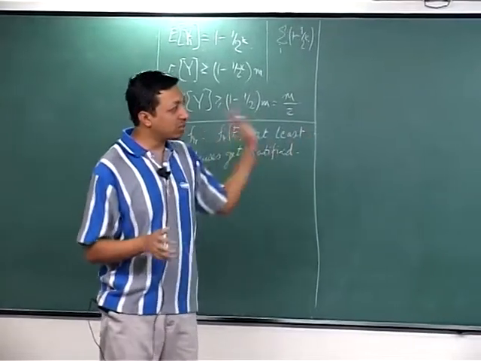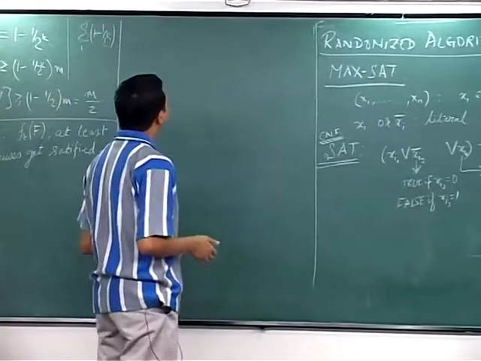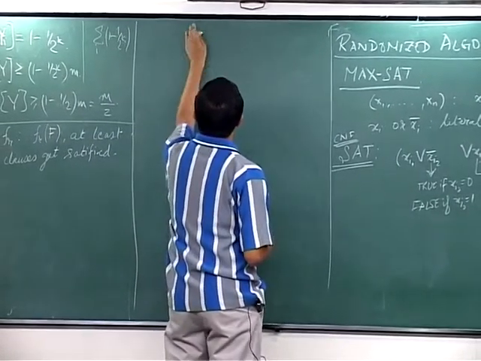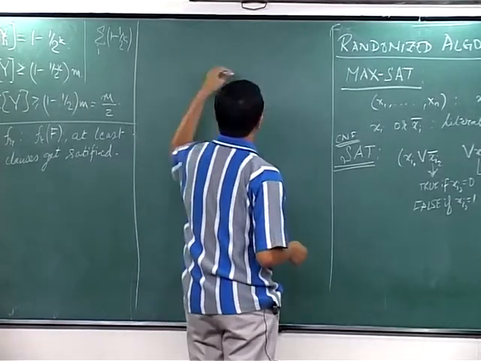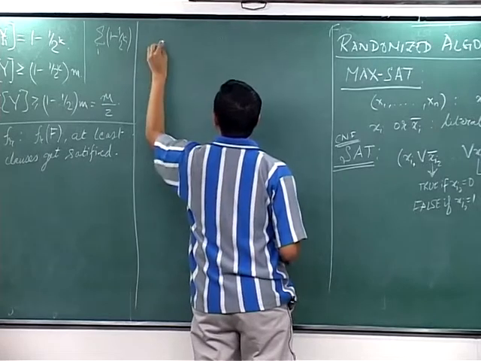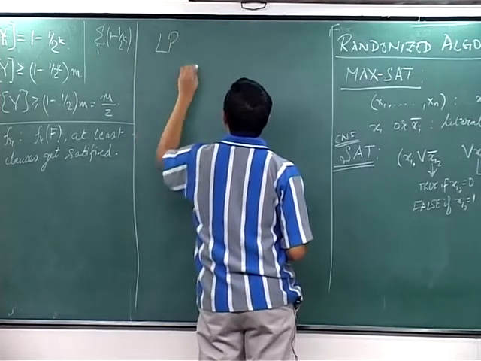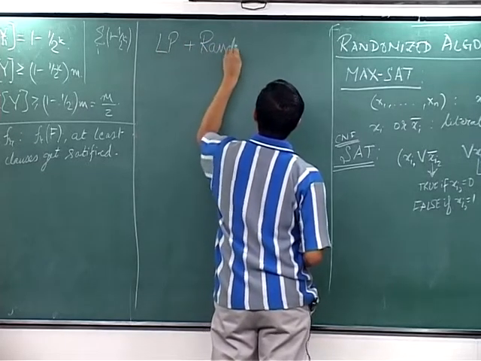Both these techniques are general, and can be adapted to other problems, which is why they are the topic of this lecture. This technique is what is known as LP plus randomized rounding.